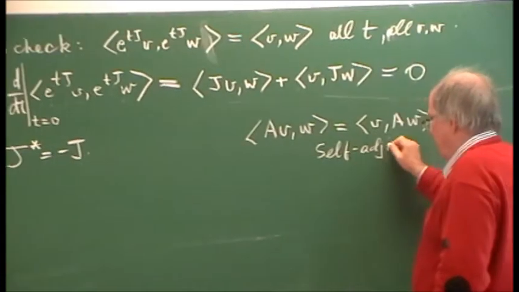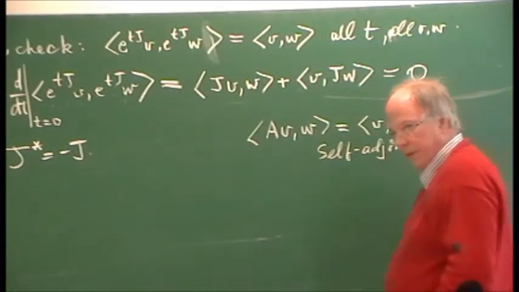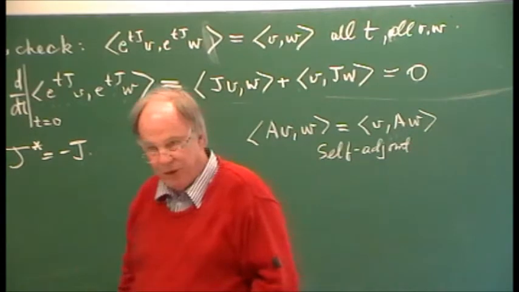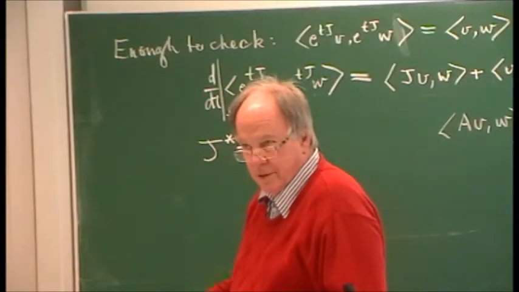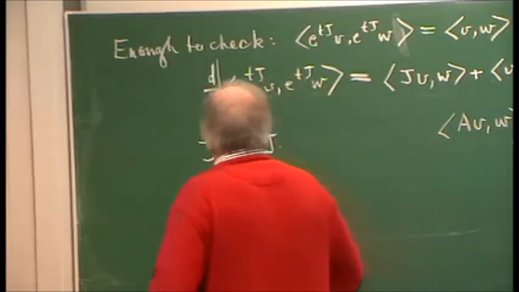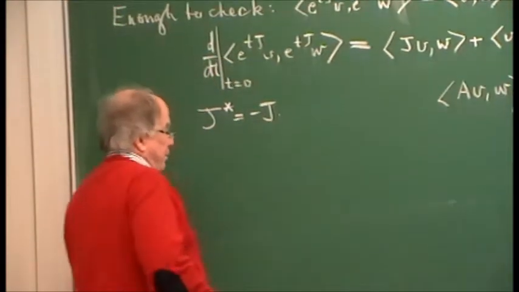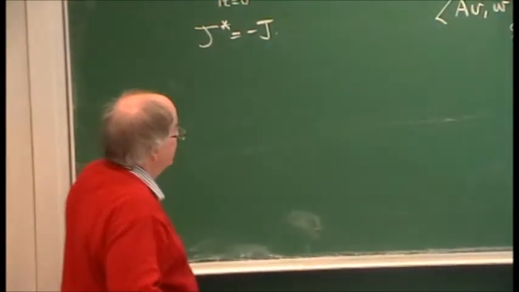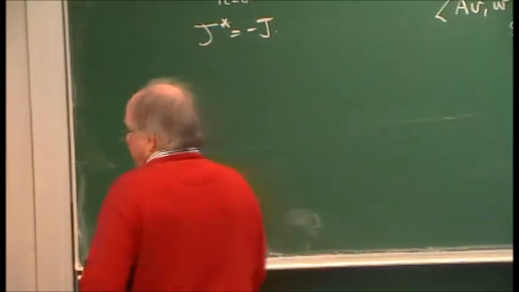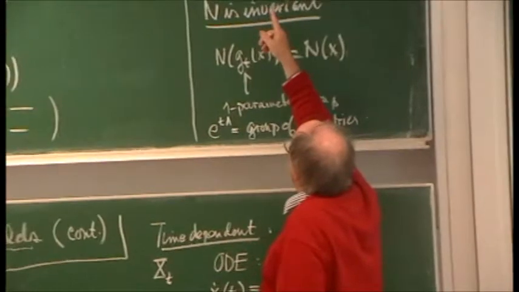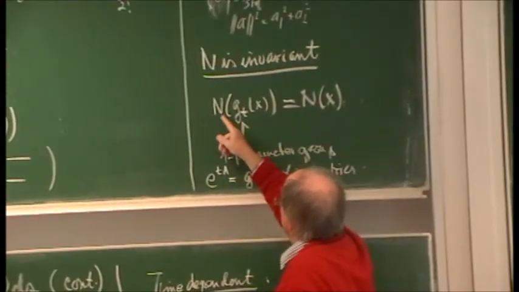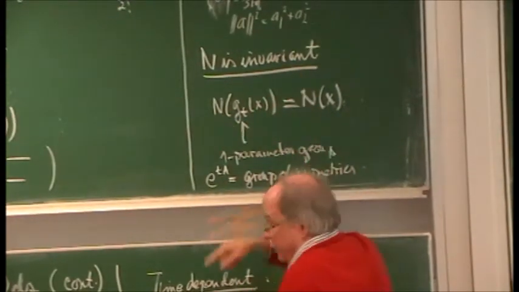You understand self-adjoint with respect to this inner product means symmetric, right? With this inner product, right? So anti-self-adjoint. Okay, so that's the way you check that it is actually a group of isometries, and this is the norm in the isometry group structure, so it must be invariant, and therefore the circle is invariant.